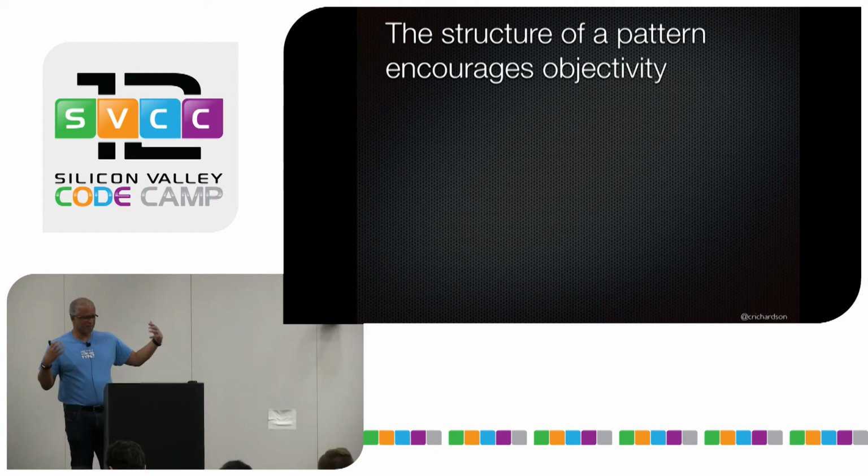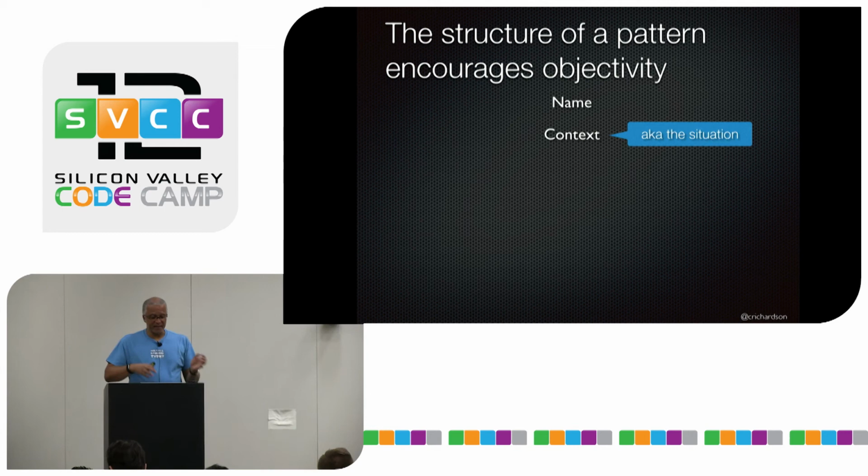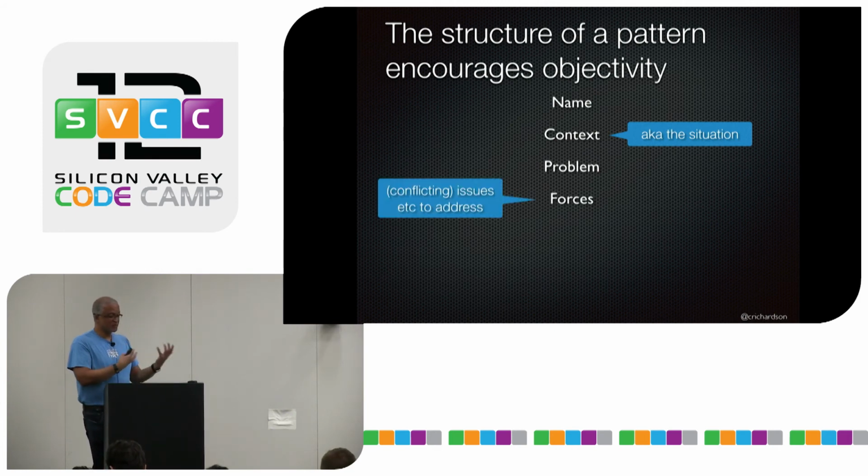So if you were to describe a particular solution or a technology in pattern form, you have to give it a name. You have to describe the context, the situation within which you're trying to solve the problem. You have to describe the problem. You have to describe the forces, or the issues that you have to consider and attempt to resolve.